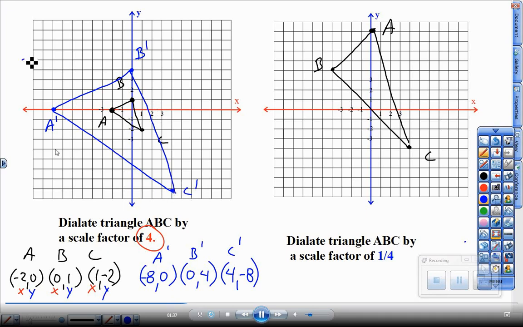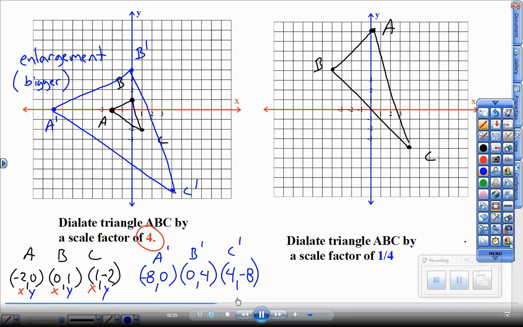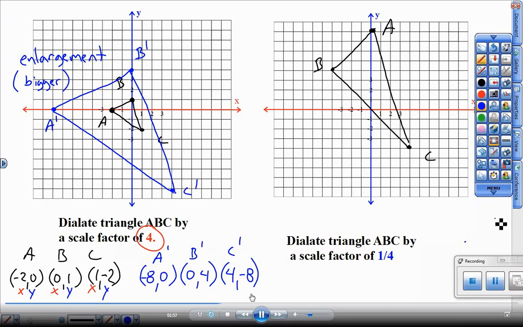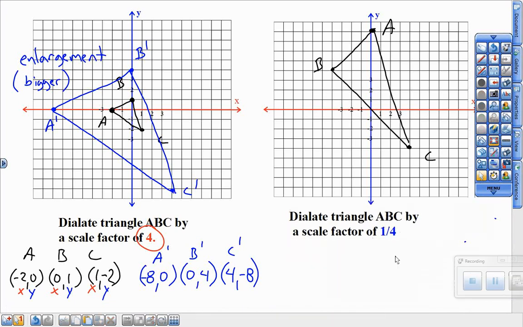I could tell that the first one started because the letters are just plain letters, and then it went out to this one with the marks on it. So I know this was my pre-image, this was my image. So that was an expansion or an enlargement. The second word is cat.